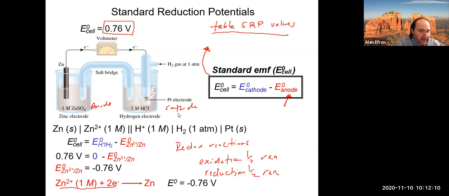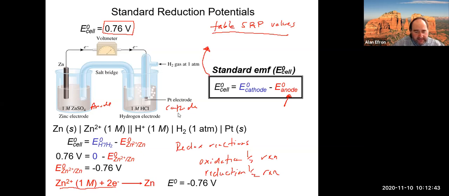Because an anode half reaction actually should be an oxidation half reaction, which means the electron should be on the product side. But you will not find any type of oxidation half reaction in this table, again, because it's a reduction potential table, so they're all reductions. So what that means is essentially one of the reactions that you find in that table, which is for the anode, in this particular case the zinc one here, should technically be reversed.